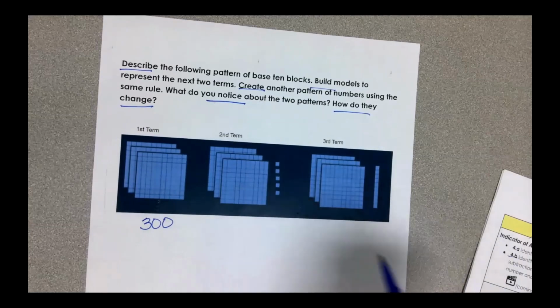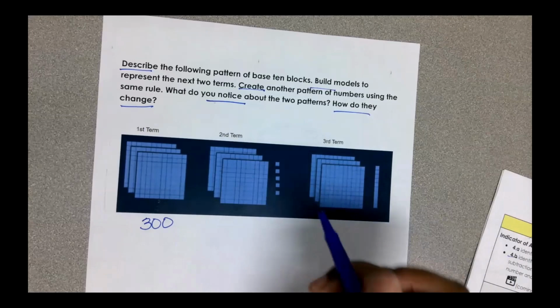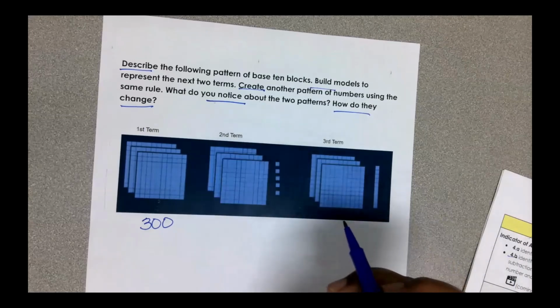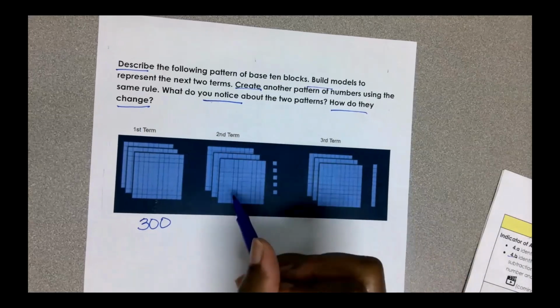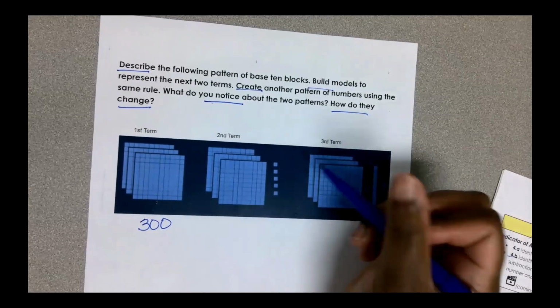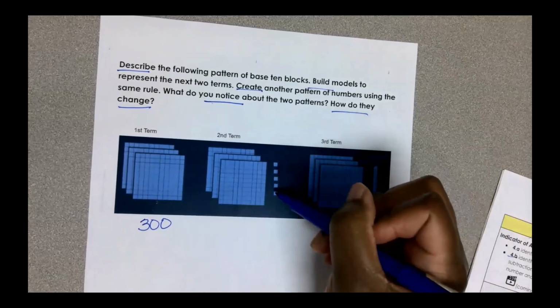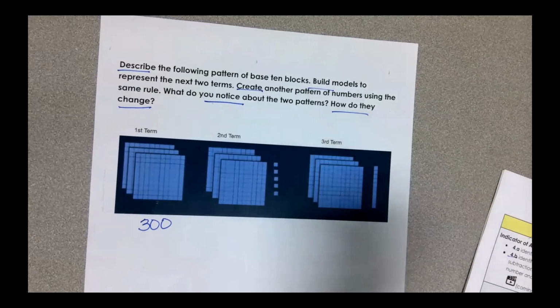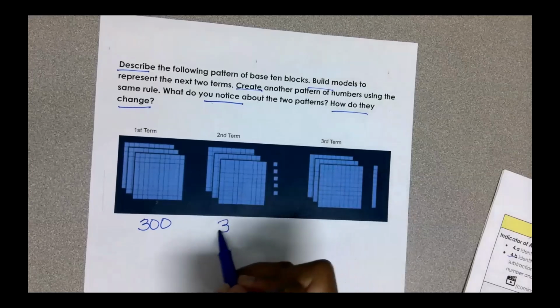In the second term, labeled second term, I see that there are also 3 flats. So there are 3 flats again. But I also notice that there are 5 units. So the flat has a value of 100, and I know that the units have a value of 1 because it takes 100 units to equal a flat. Therefore, the second term has a value of 305.